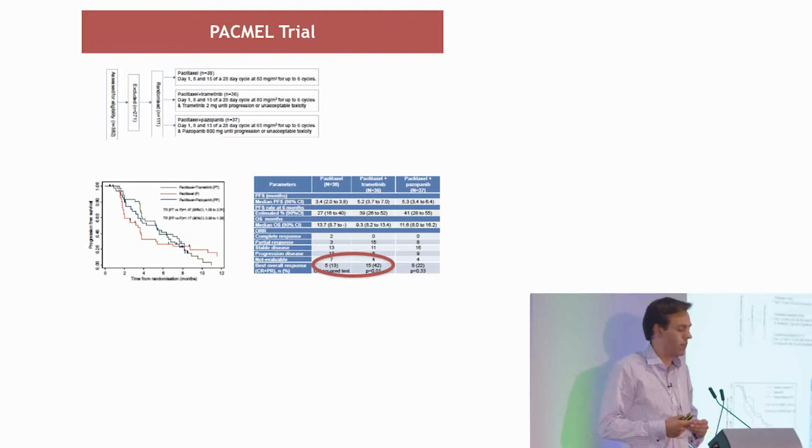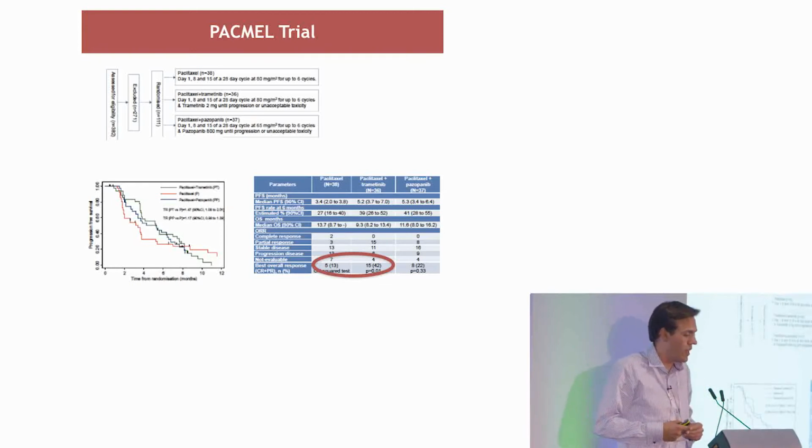And the PACMEL trial will ask the question, if we add a number of other drugs to chemotherapy, can we improve outcomes for patients without a BRAF mutation? So in this study, all patients received a drug called paclitaxel, which is a chemotherapy drug, and they either received nothing else, trametinib, which is a MEK inhibitor, combined with paclitaxel, or a drug that affects blood vessel growth called pazopanib.